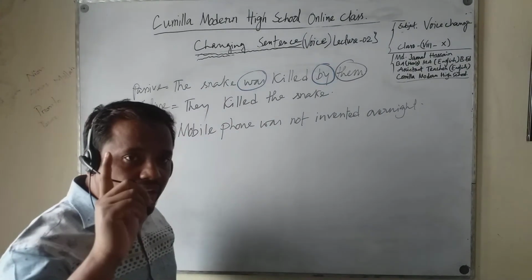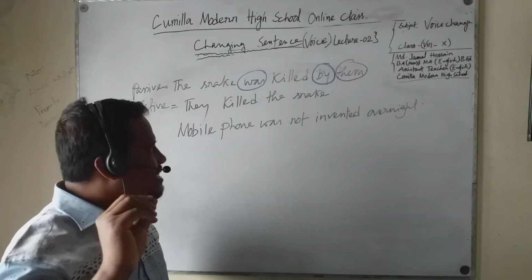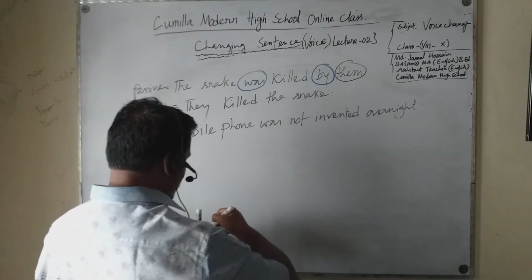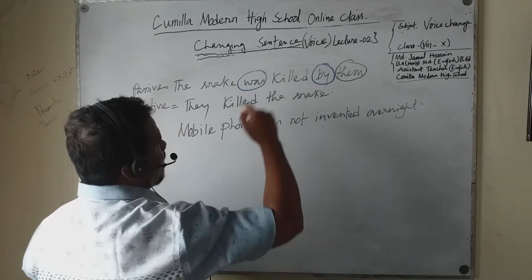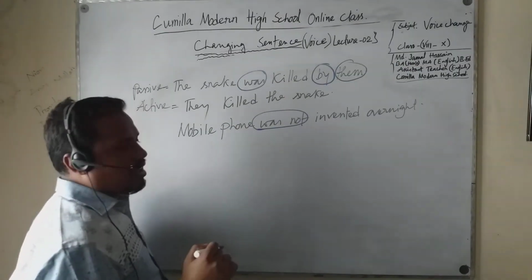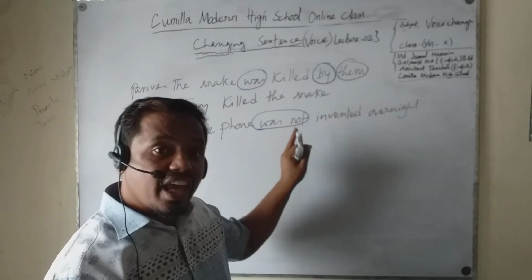But at first you will identify which sentence or which tense this sentence is belonging. Now was not is used here, so we can easily understand that it is in simple past tense and it is in negative form.